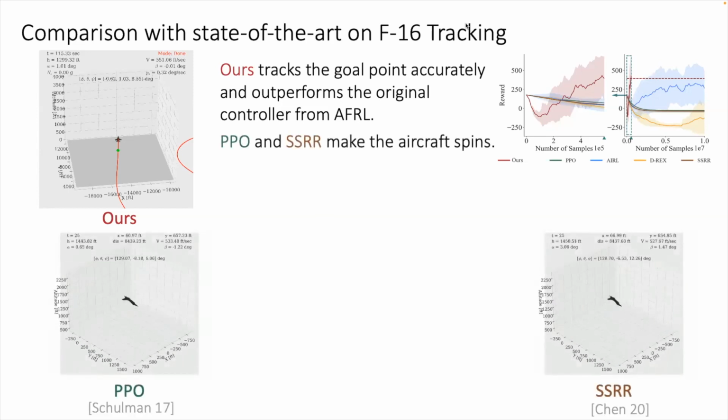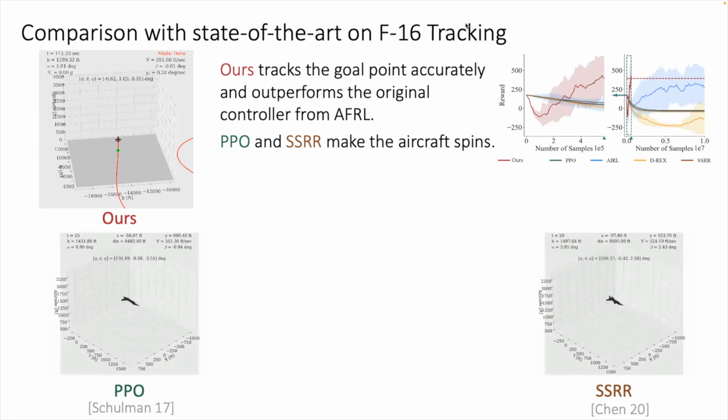And if I show you how the other machine learning based approaches do, they actually do some interesting things. For example, PPO, and this is an imitation learning algorithm, they will let the aircraft spin like crazy. I'm sure you don't want to be a person who is taking that one. I will throw up for sure.